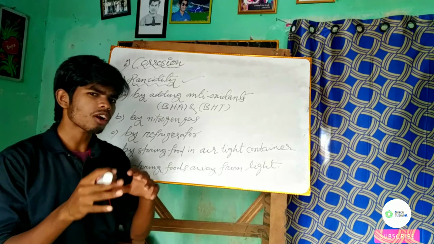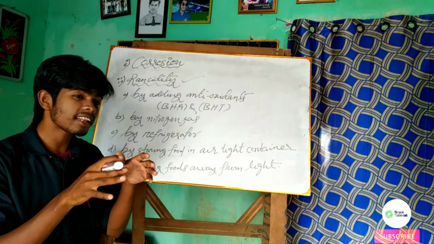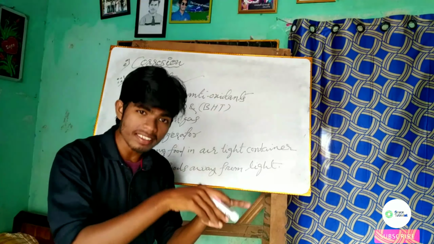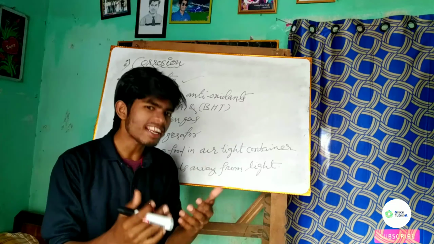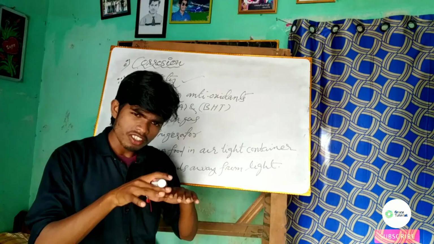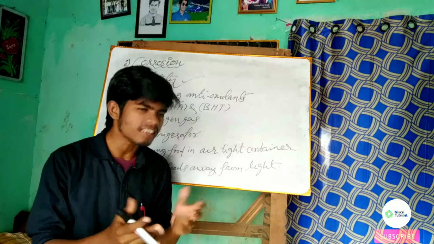We need to understand one of the most important things here: what are the various ways that we can reduce the development of rancidity in food items? That means, what are the various ways to prevent or retard rancidity?